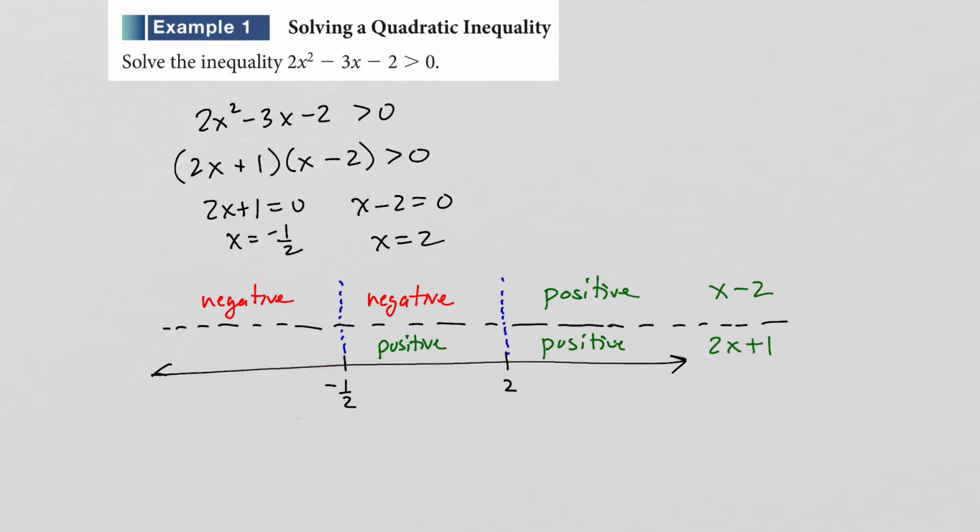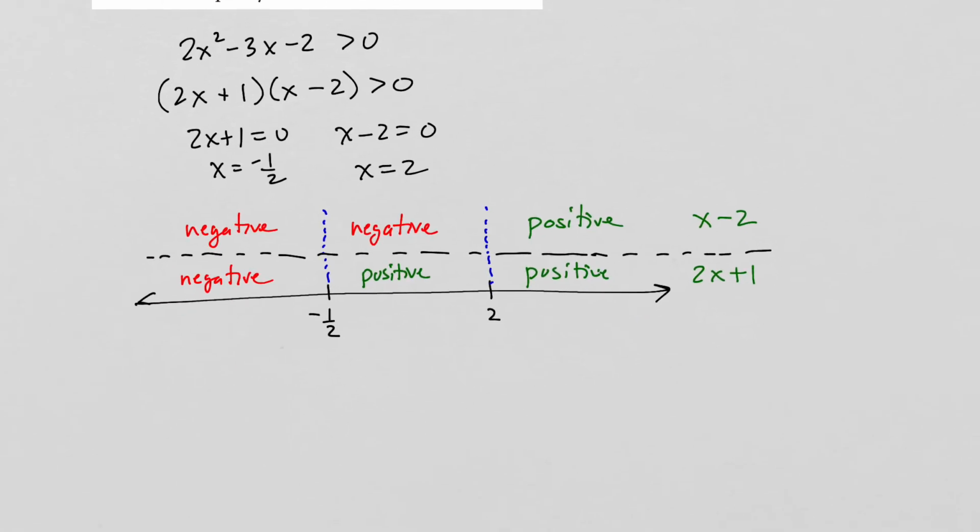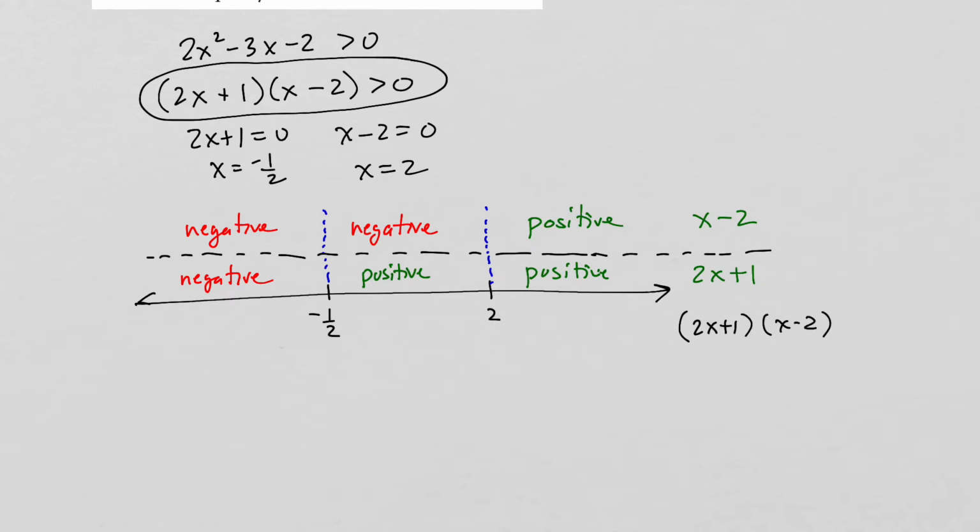However, when I pick a value of x less than -1/2, it is now going to be negative, right? And again, you can just pick any value that you want, such as x equals -3. If you plug -3 into this expression, you're going to get a negative. So now, what about the whole thing, right? We're interested in when 2x plus 1 multiplied by x minus 2 is going to be positive.